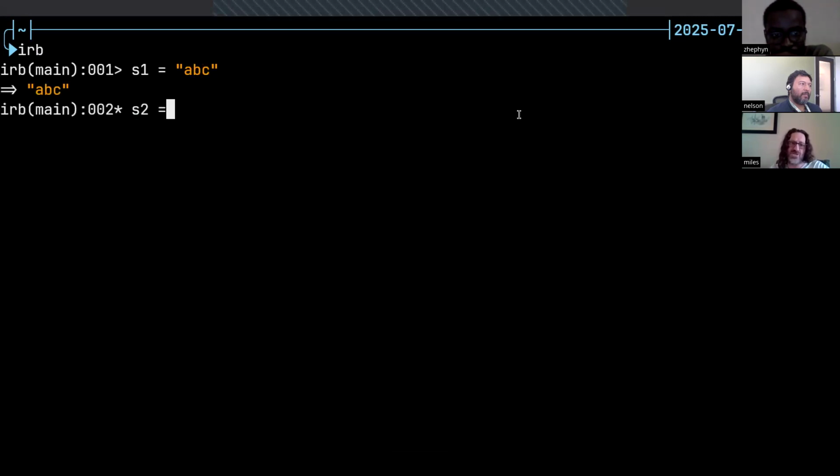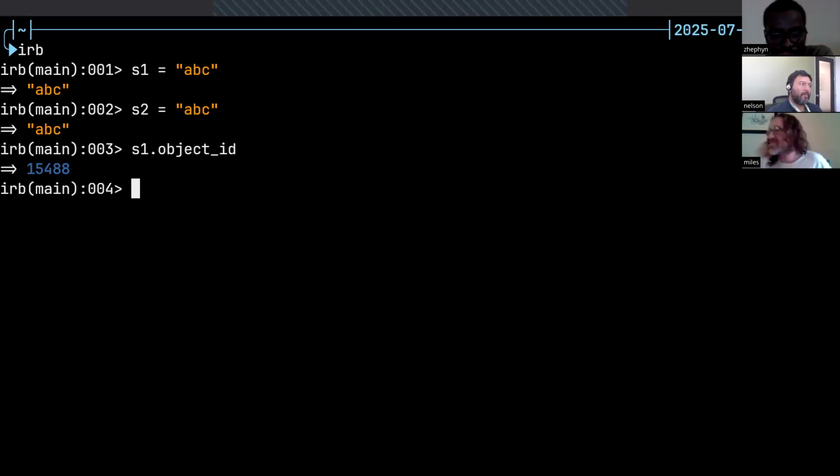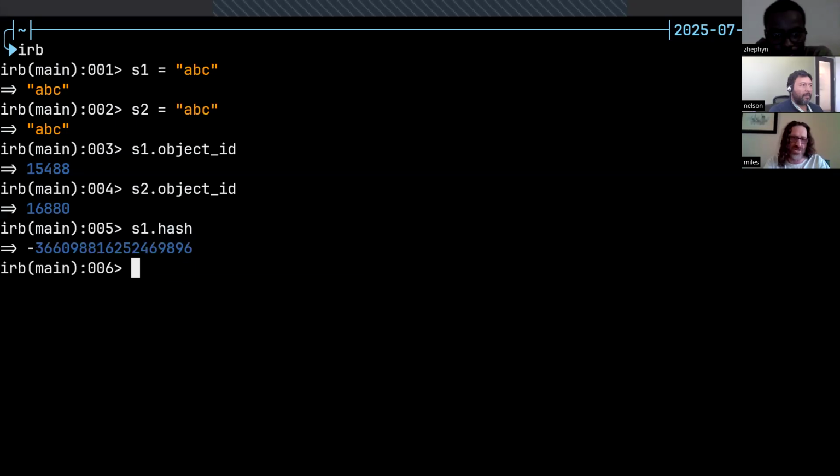I'm not used to using GNOME, but if I do s1 equals and s2 equals the same characters, and if you've used a hash table, you know this has to be true: you put something in with a string, and you can look it back up with a string with the same characters but a different location in memory. So you can see these two have different object IDs, but when I do s1.hash and s2.hash, I get the same hash back, even though these two have different object IDs.